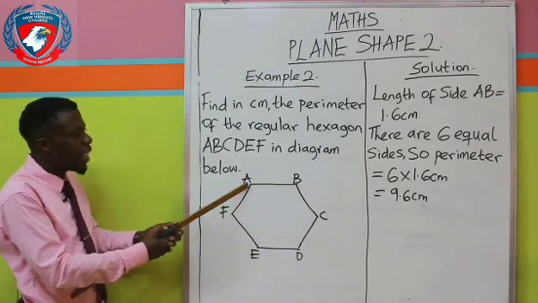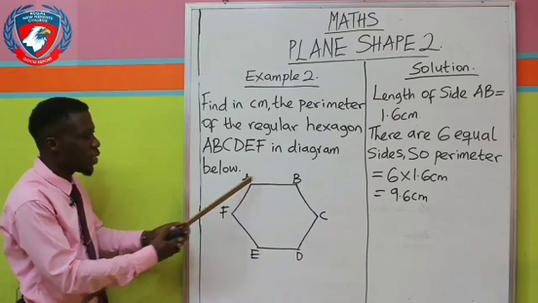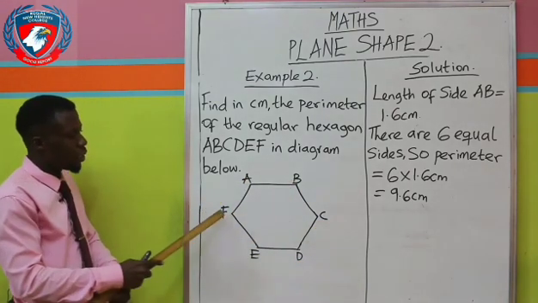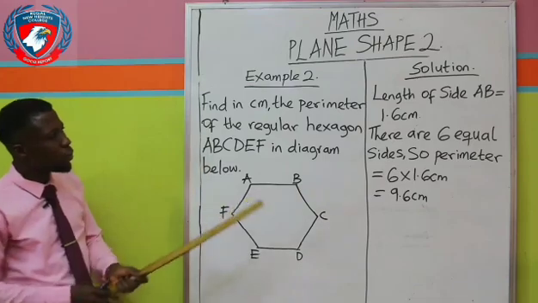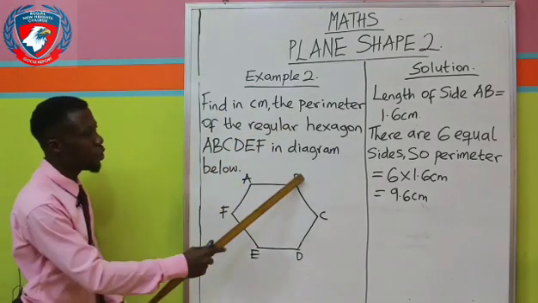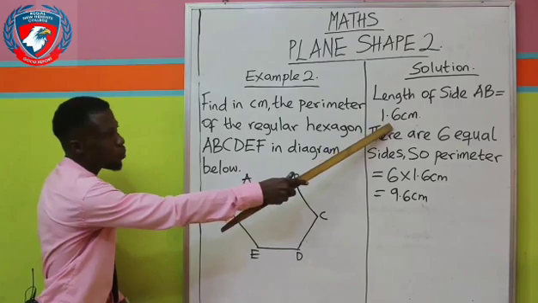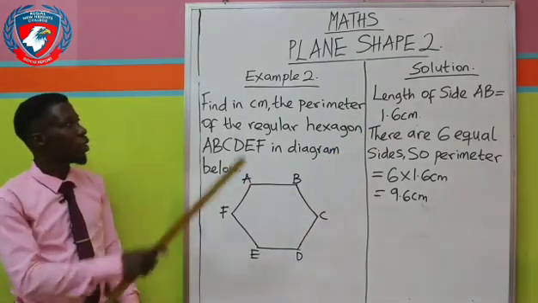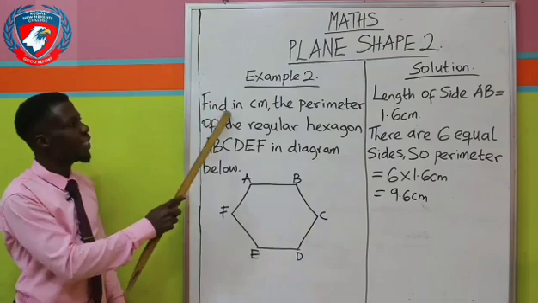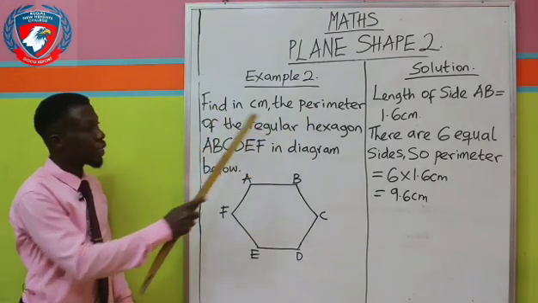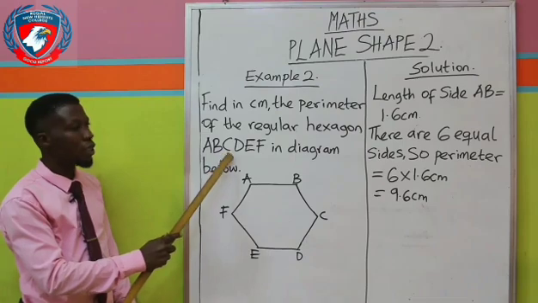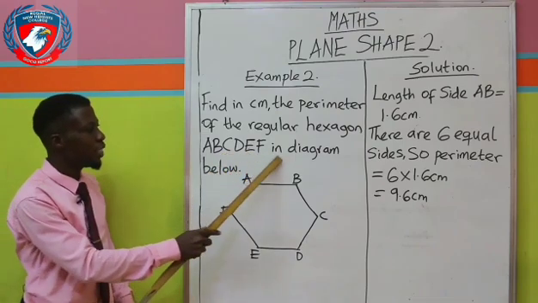You know that we have point A, point B, point C, point D, point E, down to F. Now, let me move on to the solution. The length of side AB is 1.6 centimeters.